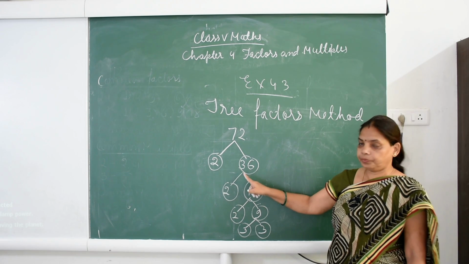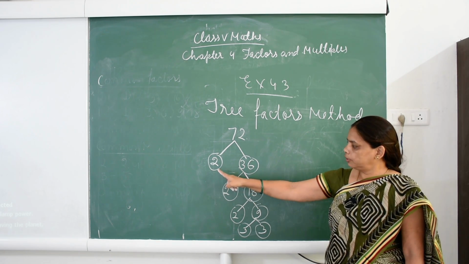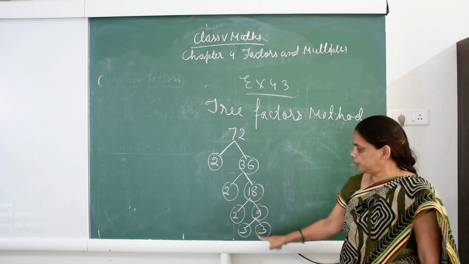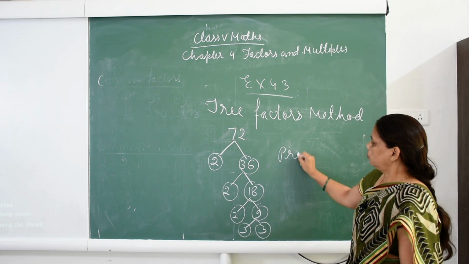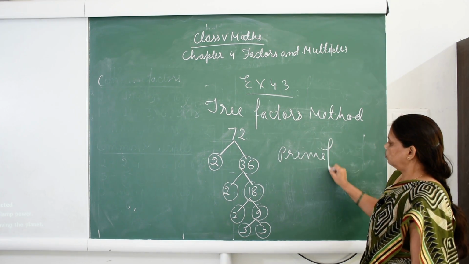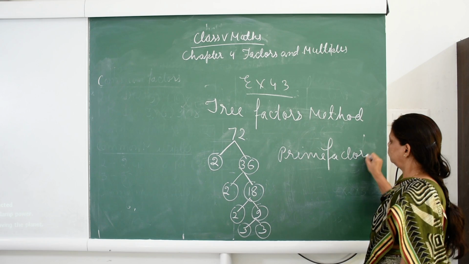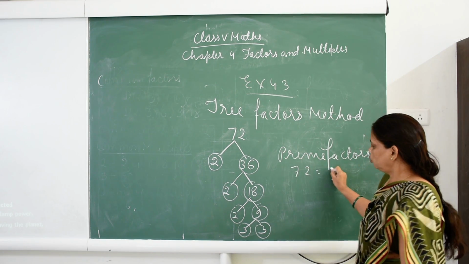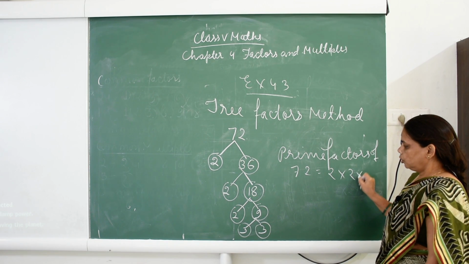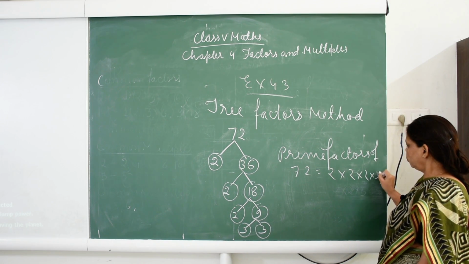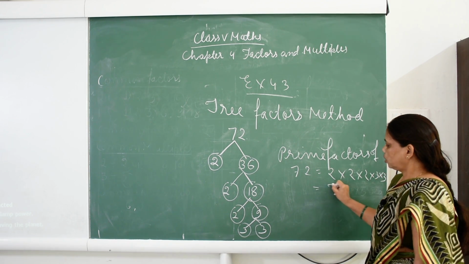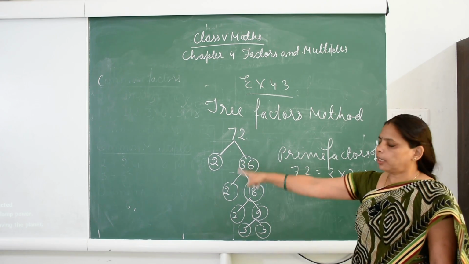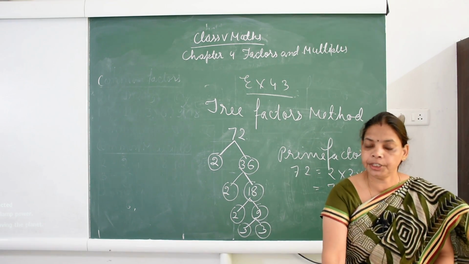So these are 2, 2, 2, 3 and 3. So prime factorization of 72 is equal to 2 into 2 into 2 into 3 into 3. All these are the prime factors of 72.